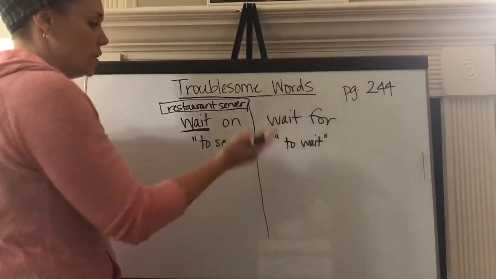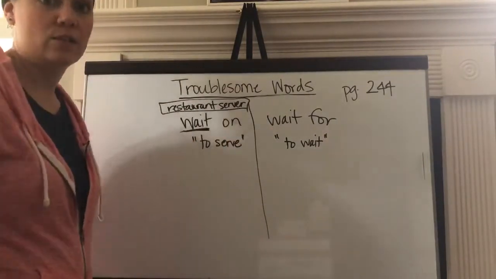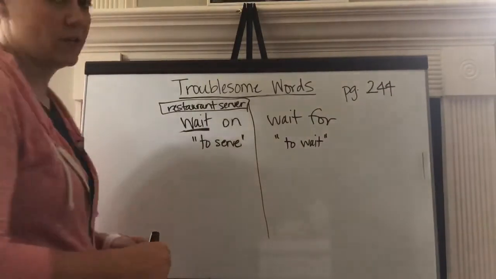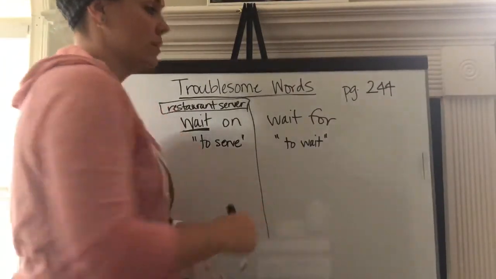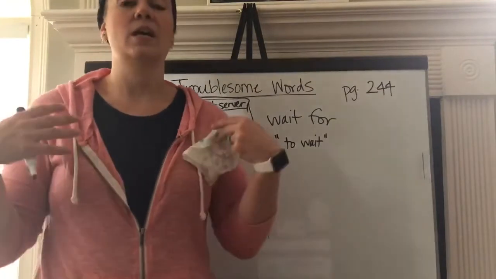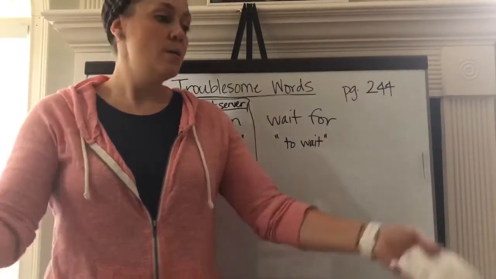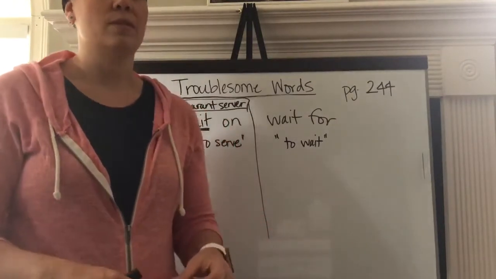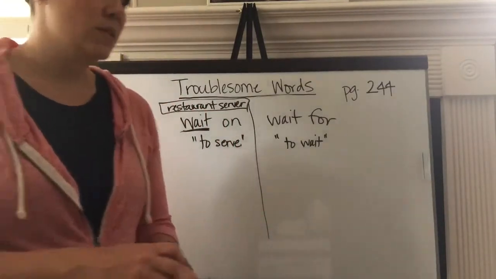This waiter is waiting on you. They are serving you, okay? So if you wait on somebody or somebody is waiting on you, that means service, okay? And waiting for literally means you're sitting for a period of time. It could be short, could be long, but you're sitting there waiting for something or someone to happen or do something, okay? So that's the difference between these two.